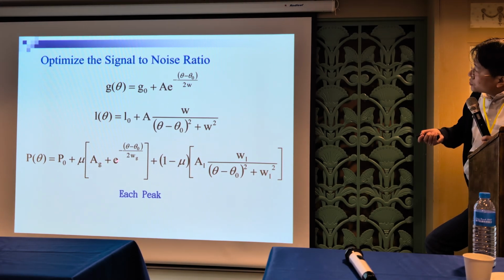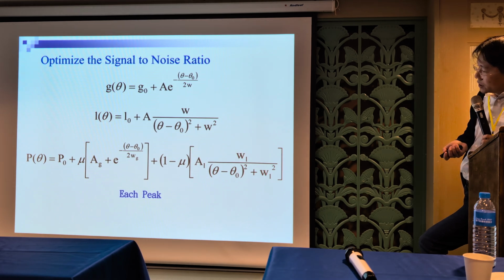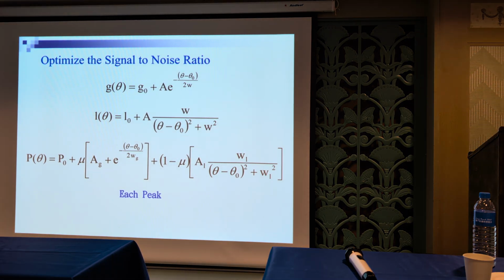This A here should be another A here. Okay. So how many parameters we need to have: P0, A, mu, and theta 0, and the width of the Gaussian and width of the Lorentzian. So there are 7 parameters, and for the 7 parameters, we need at least 7 points, right?